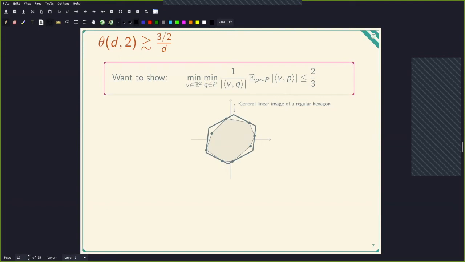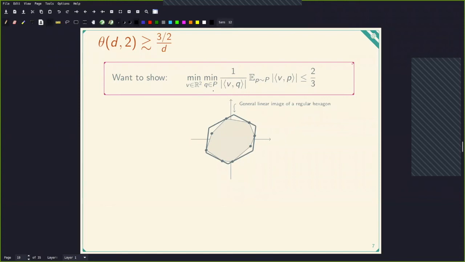And now we notice a fundamental property of this weird expression is that it's invariant under changing P by a general linear image. Now, this is pretty easy to see just from the expression. I can pass the general linear transformation across the inner product. But more conceptually, it comes from the fact that this point set came from picking an arbitrary basis for the kernel of the Gram matrix.